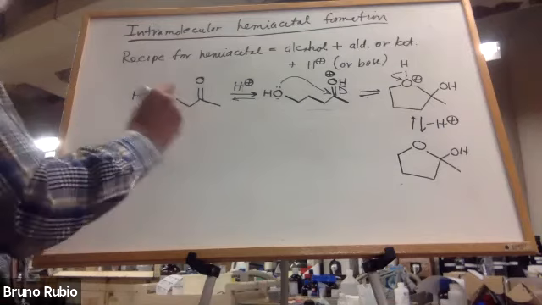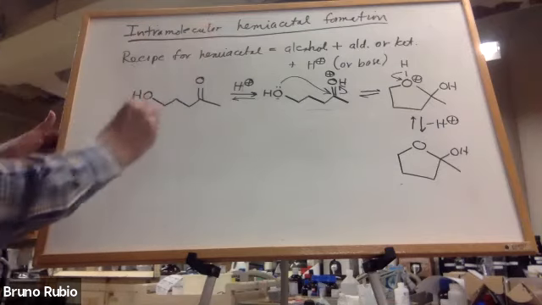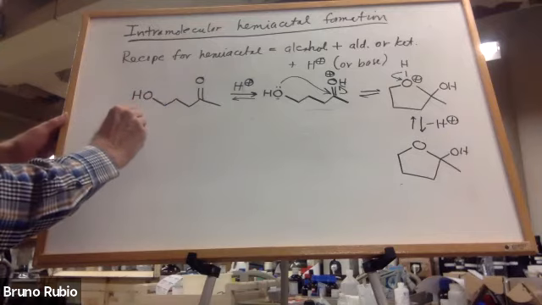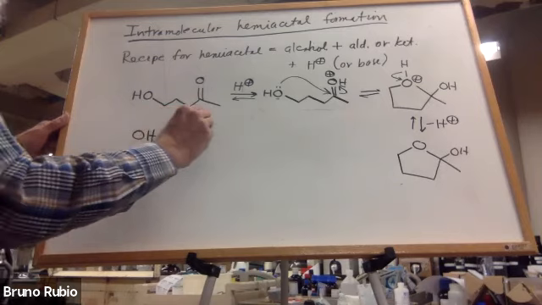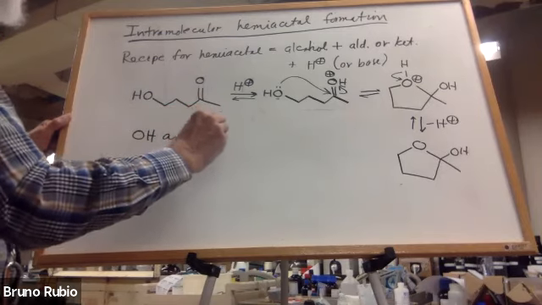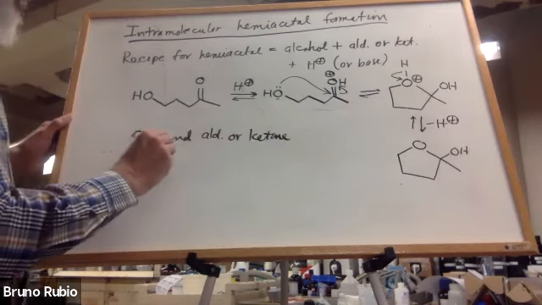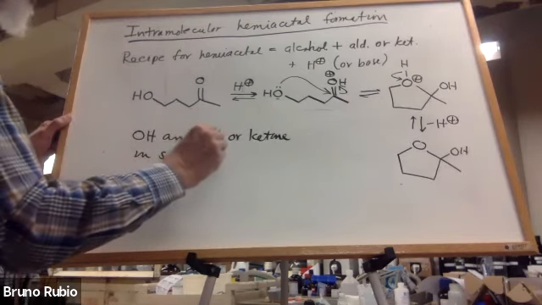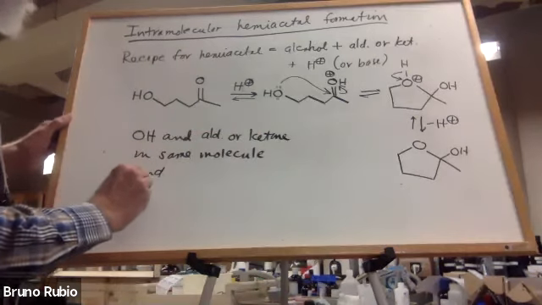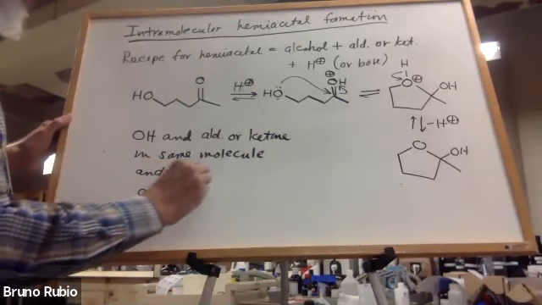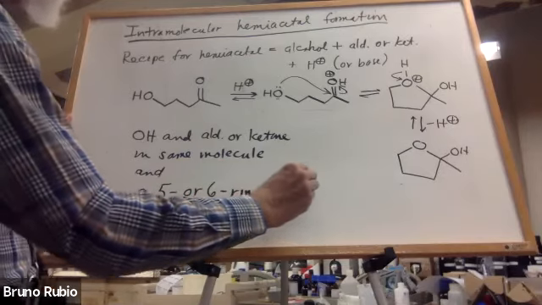Okay, so just to summarize what can happen here for the intramolecular hemiacetal, we have OH and aldehyde or ketone in the same molecule, and very important here, a 5 or a 6-membered ring can form.